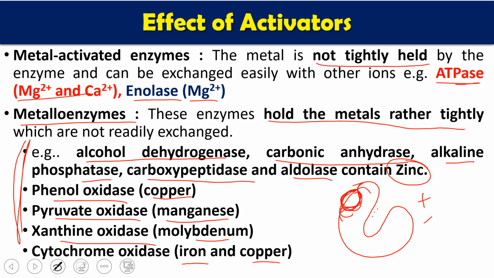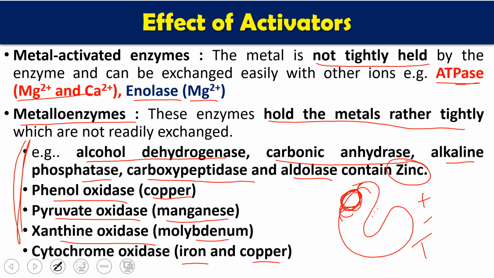The last part is time. For every enzyme catalyzed reaction we require a specific time. If time increases, product formation will increase, and if you do not give sufficient time to the reactions, product formation will decrease. So time is also directly proportional to the rate of reaction.